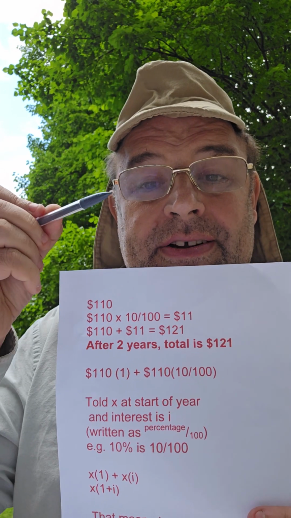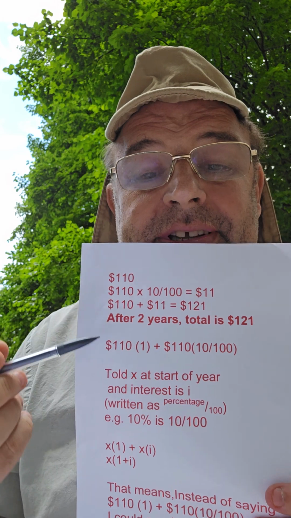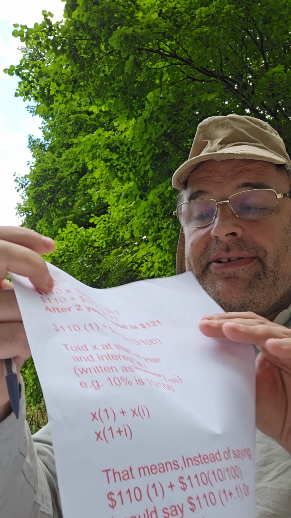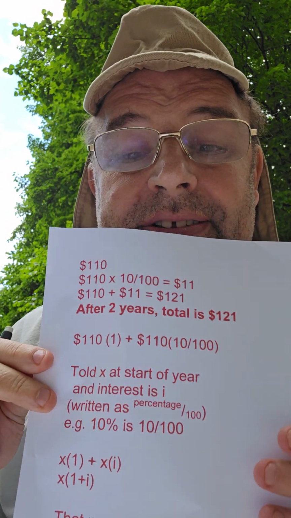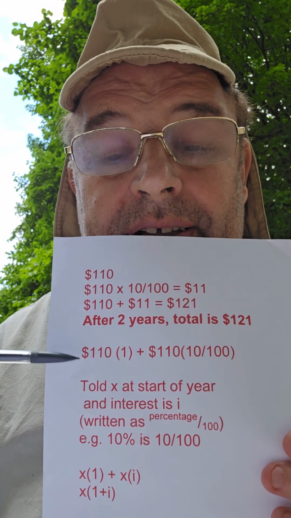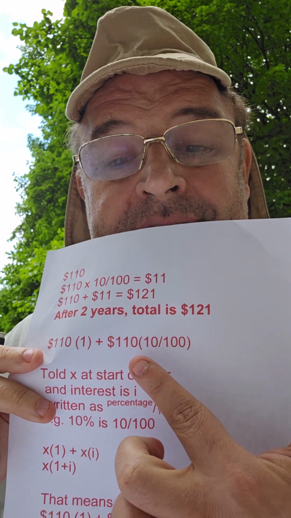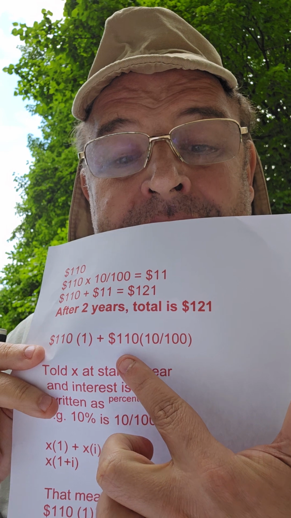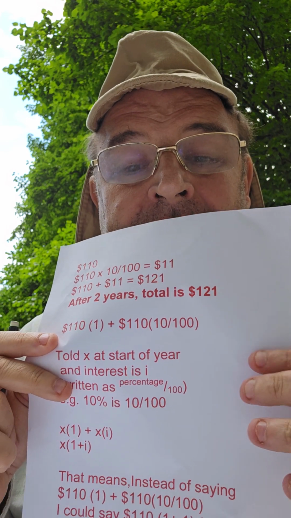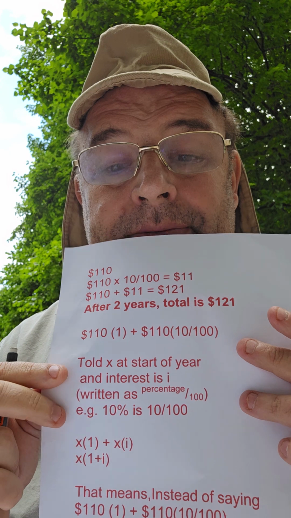We took 100 plus 10%, which is 100 plus 10 over 100, and that gave us $121. So I'm going to rewrite it like this. I just chose the beginning of the second year. We had 110 times 1, that's 110, and we added on 110 times 10 over 100. That's we're adding on the interest by the end of that year.